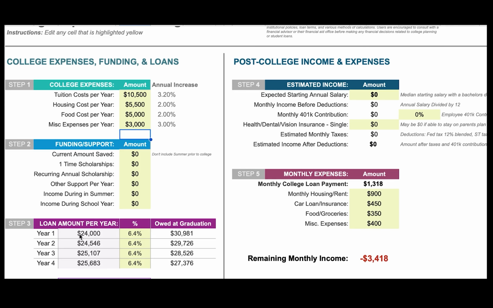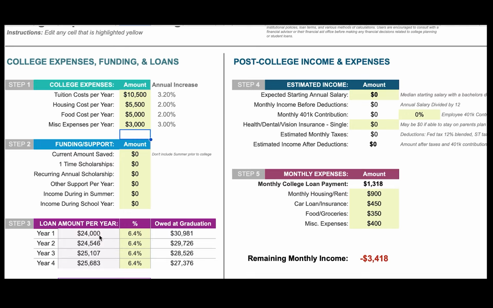So you'll see, without any funding put in, you would need the full loan amount of $24,000 to cover all these expenses in year one. One thing to call out is that the interest on loans starts immediately, meaning when you borrow $24,000, you're going to owe more than that back as a fee for borrowing the money. That's how borrowing works.